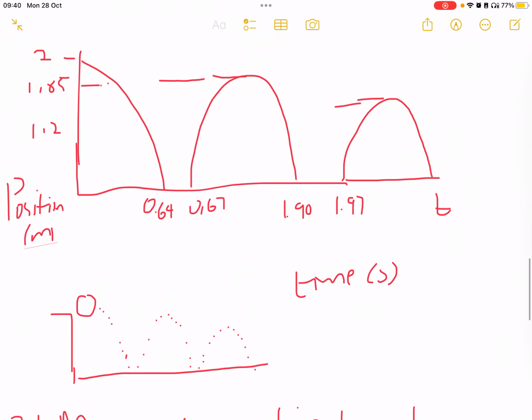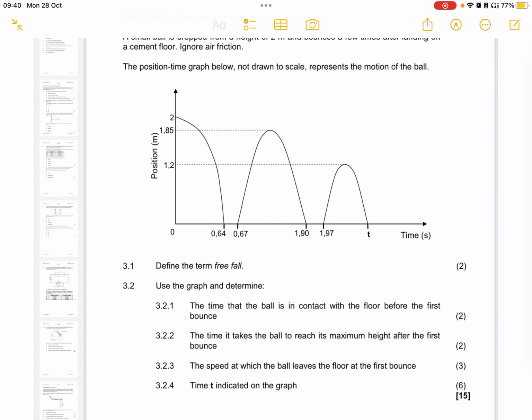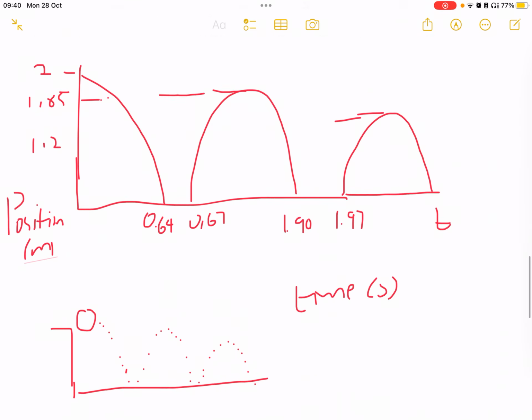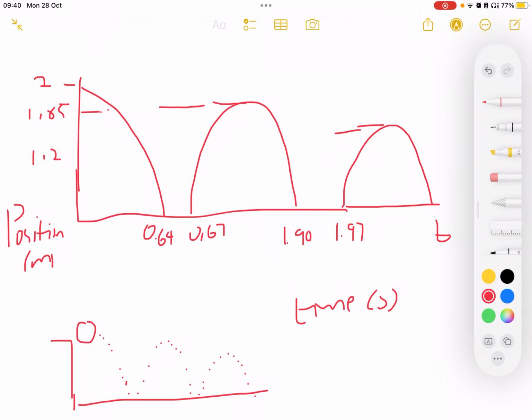Alright, next question. It says use the graph and determine the time that the ball is in contact with the floor before the first bounce. So if we go back to our new graph here that we drew, it took this time from here to here for it to hit the ground. And after it hit the ground, it sat for a little bit until it went up in position, to its maximum position.